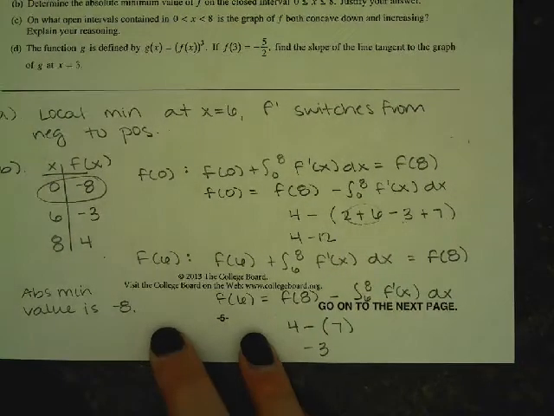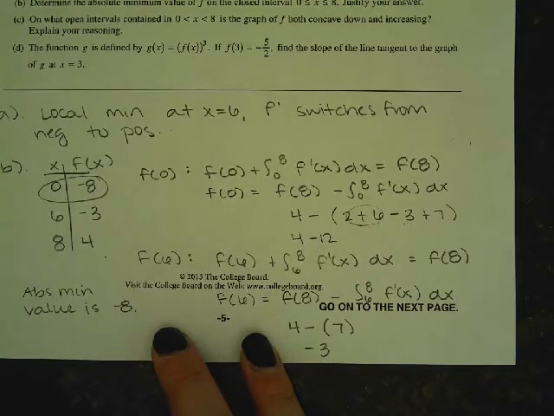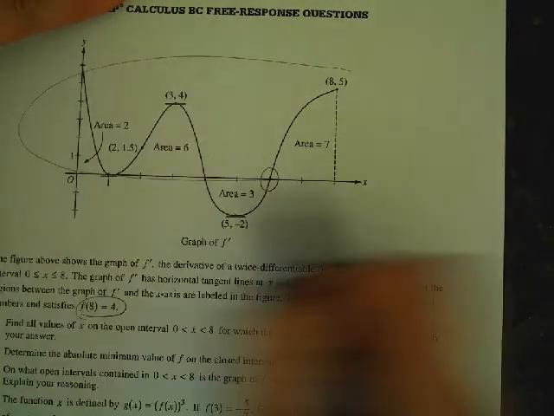Okay. Part C, they want to know where the graph is both concave down and increasing. So I know that the graph is increasing when the derivative is above the x-axis. So that means if I'm looking for where the original graph was increasing, I'm looking at this part right here.